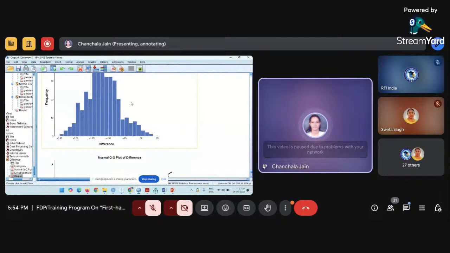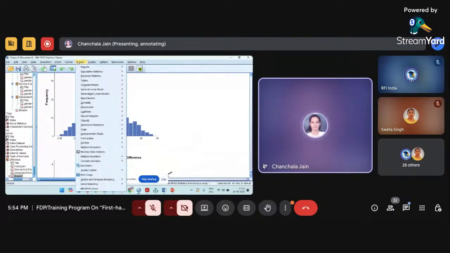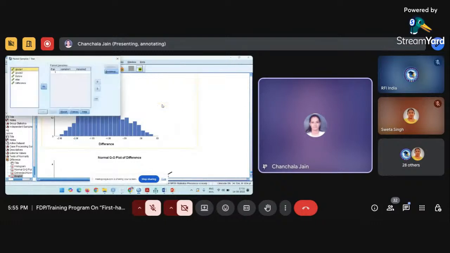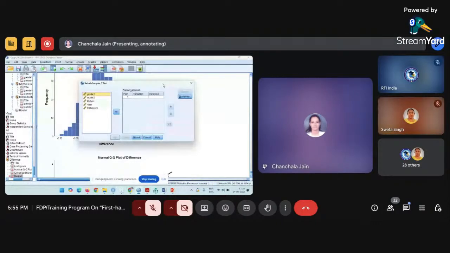If everyone is clear, I can proceed with the paired sample t-test. Click on Analyze, go to Compare Means and select Paired-Samples T Test. I'm repeating: Analyze, Compare Means, Paired-Samples T Test.